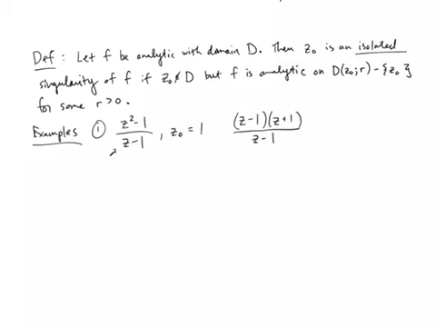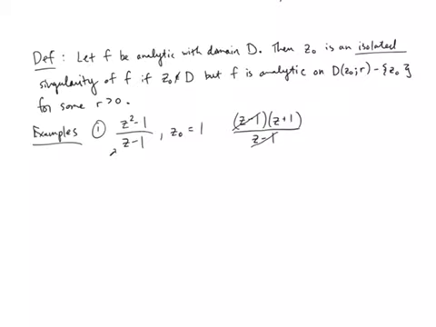Because you plug it in and you get 0 over 0, which is not a valid output that we accept. But if you were to cancel both of these z minus 1s from the numerator and denominator, this function has the same value as z plus 1 at every z which is not equal to 1, and in fact extends the original function, because now you can plug 1 into z plus 1 and get a perfectly valid answer, right?